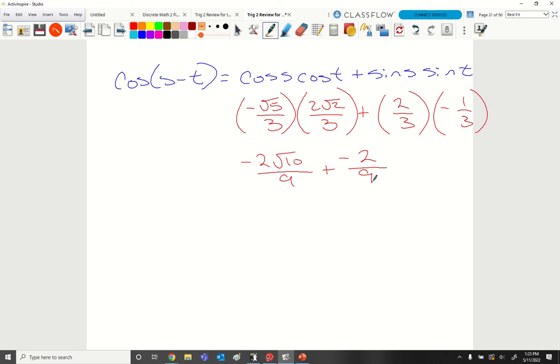Negative 2 rad 10. That factors to 5 and 2. Both are prime. I can't break it down further, and there's no perfect squares in there to take out. So I just leave them alone. All right, so put them together, and I get negative 2 rad 10 minus 2, all over 9.